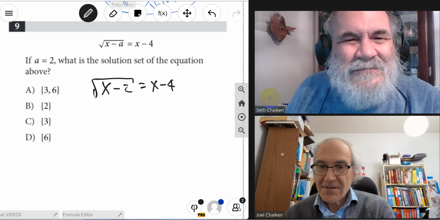They said solution set, and then three of the choices have a singleton set, and one of the choices is a set of 2 numbers. So this leads me to think that this is a question that tests the concept that certain equations can have more than one solution.